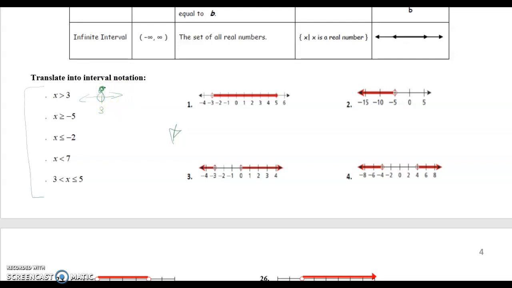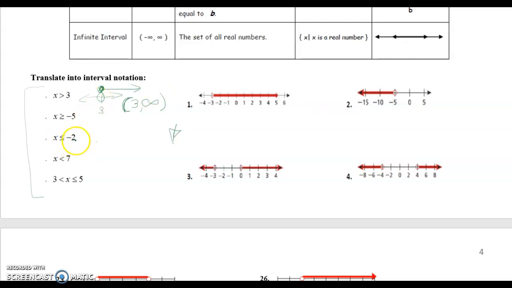So you guys probably did this. That's an open circle, and you do this. So with interval notation, we say open circle by doing circular brackets, and we say from 3 to infinity, and infinity always uses circular brackets because you never quite get there. Let's look at this one.